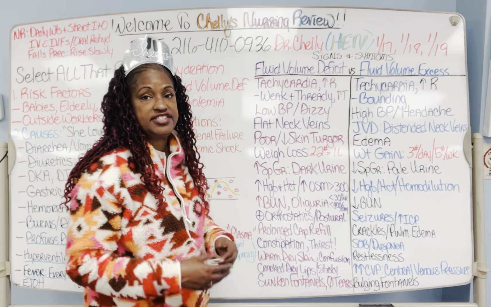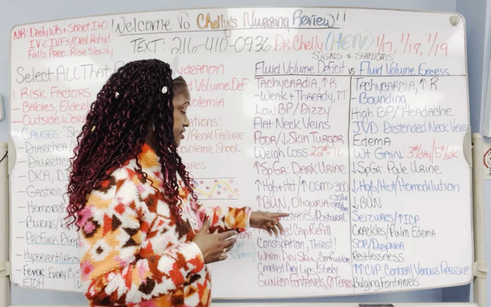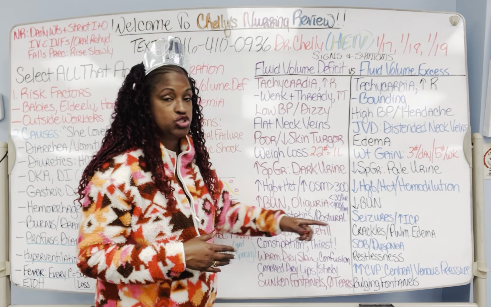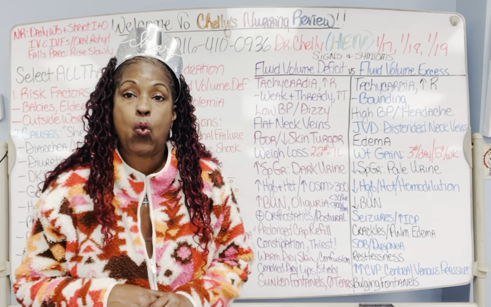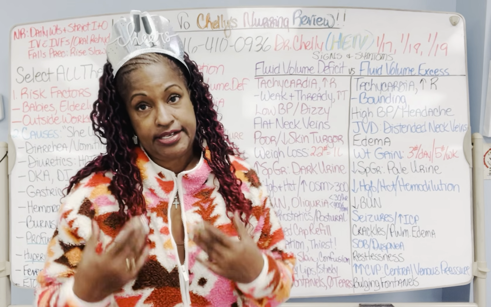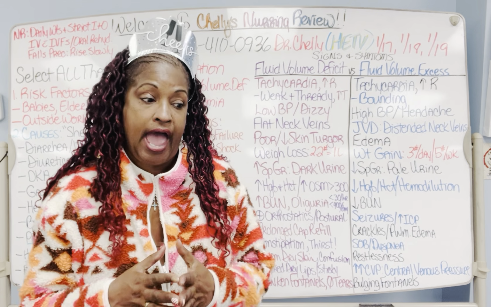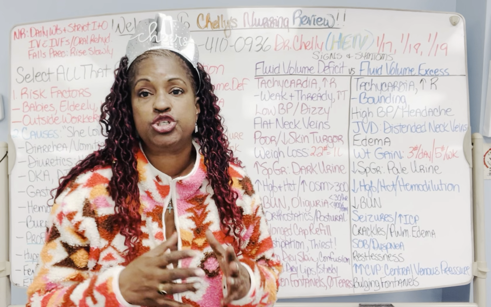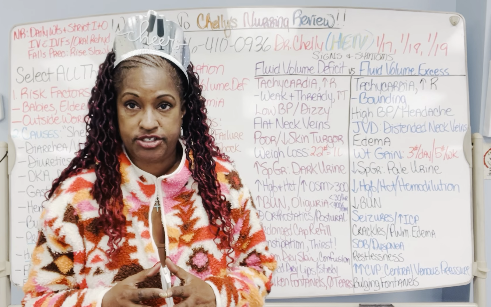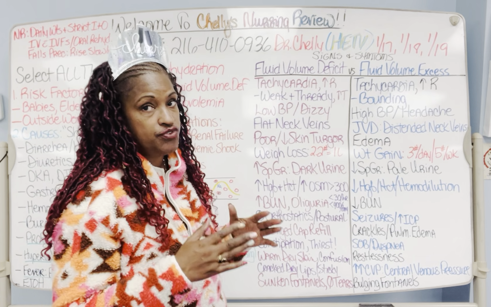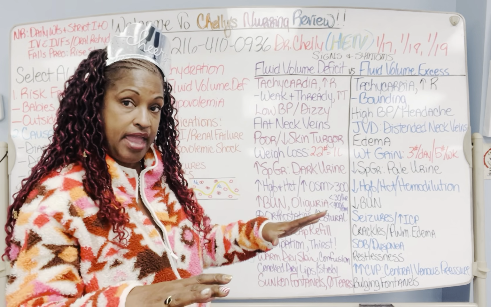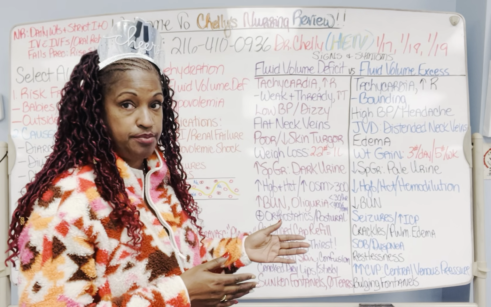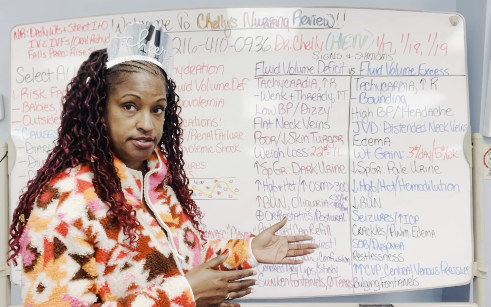The next part says positive orthostatics or postural hypotension. Listen up. As a nurse, you are very often given an order to do orthostatics on a patient. In order to do this correctly, you lay the patient down, you do the blood pressure and the pulse.